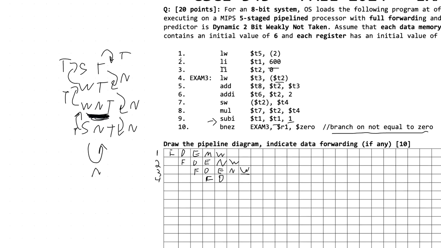But the good part is, remember when I said load immediate functions very similar to an R-type instruction? That being similar to an R-type instruction means that I can use data forwarding. Because essentially by the exec stage over here, I'm finished with the value. I don't have to go any further or worry about anything. I can do data forwarding and essentially forward it over here.